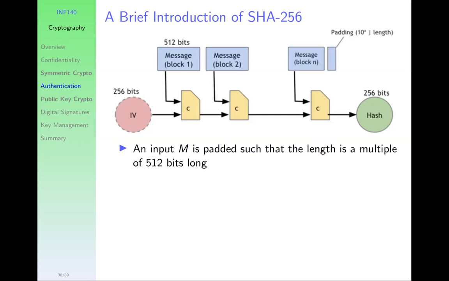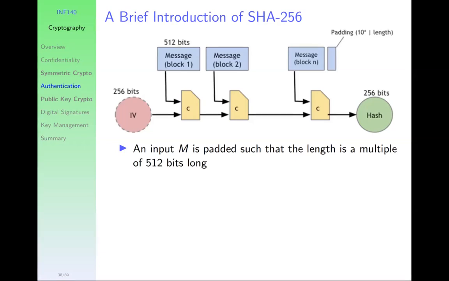In this example, we divide this message into n blocks. If the last block has less than 512 bits, then we add some padding. Normally there's a padding strategy, like the first bit is 1 followed by all zeros, and then also some information of the total length. To make it simple, we assume the message has exactly n blocks.